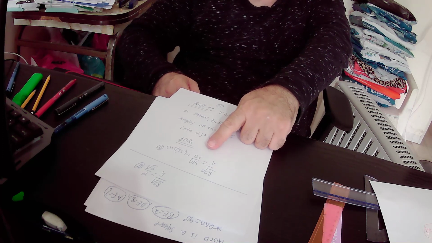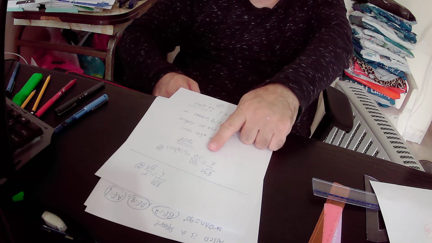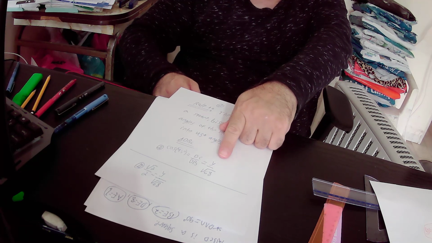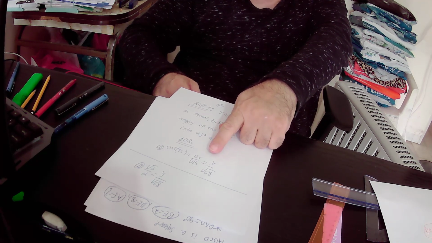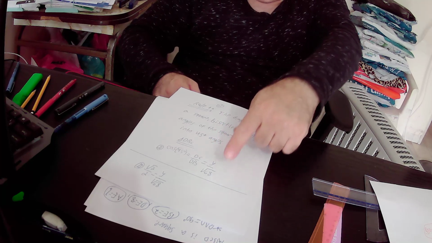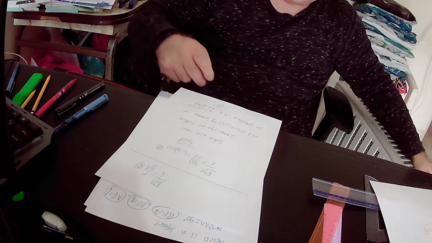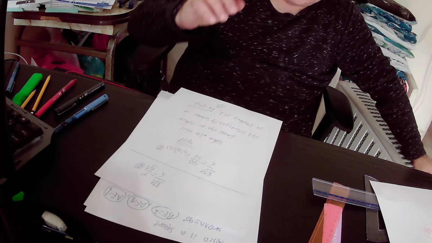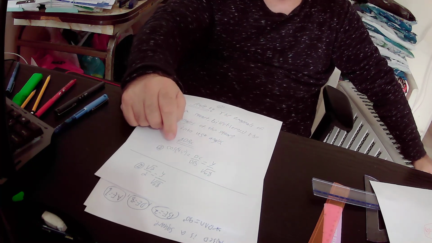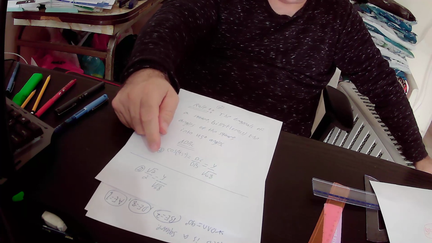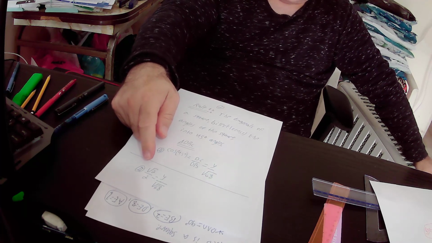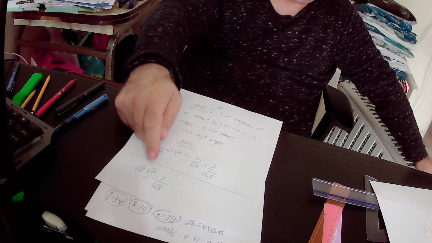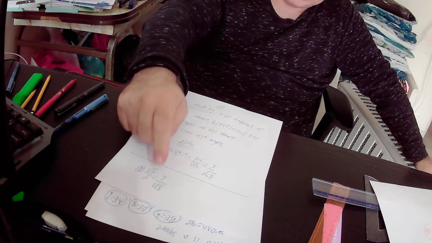So cosine 45 degrees equals DC over DB, but DC equals y according to our definition. So we substituted DC by y, and we already found that DB equals the square root of 68 units. So in total we got that cosine 45 degrees equals y over square root of 68 units, and we know that cosine 45 degrees equals square root of 2 over 2, and we got that square root of 2 over 2 equals y over square root of 68.